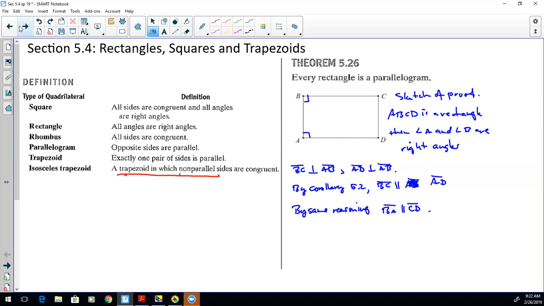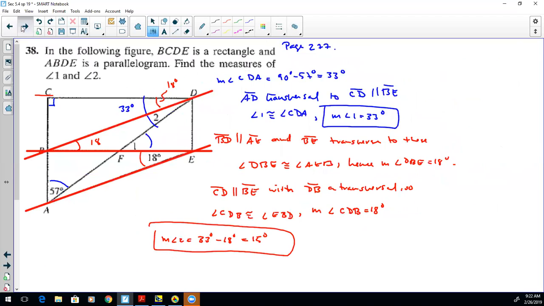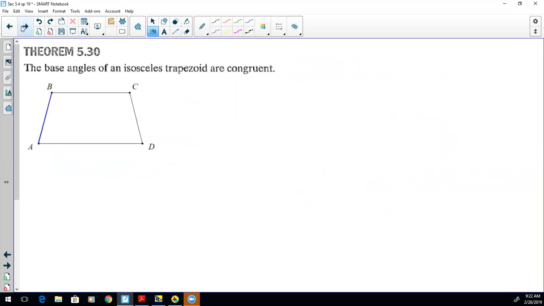Okay, so let's do some isosceles trapezoid stuff here. This is theorem 5.30. The base angles of an isosceles trapezoid are congruent. All right, so again, this is just going to be a sketch of a proof here. It's done in the book as well.